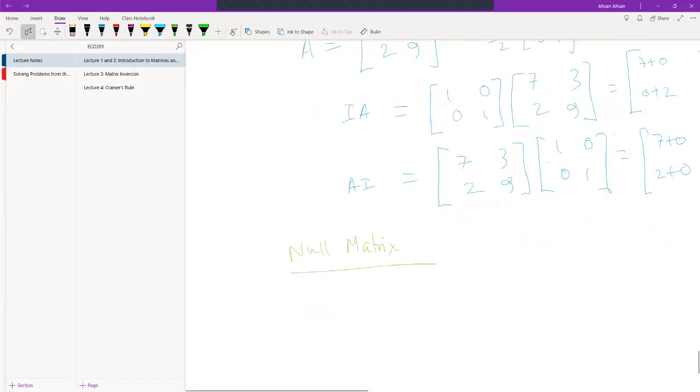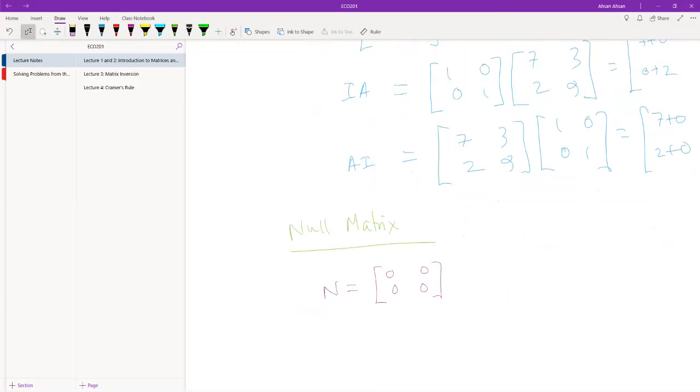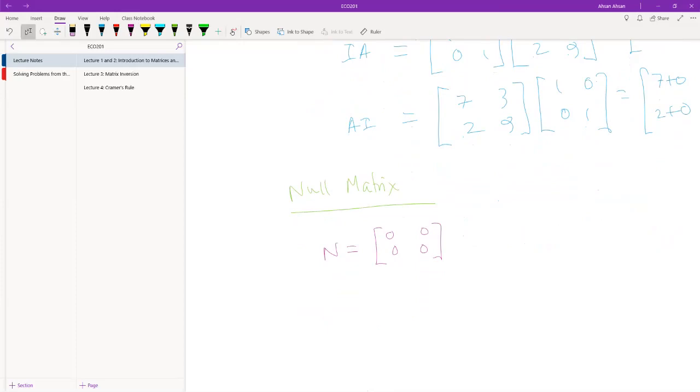Okay, so null matrix is even simpler. What you have basically is this, a null matrix. There's no restriction on dimension. A null matrix can be of any dimension, but the requirement is that all of its elements are equal to 0.